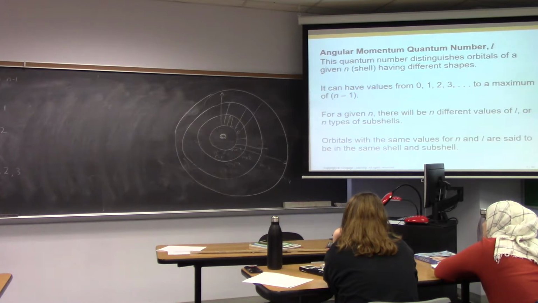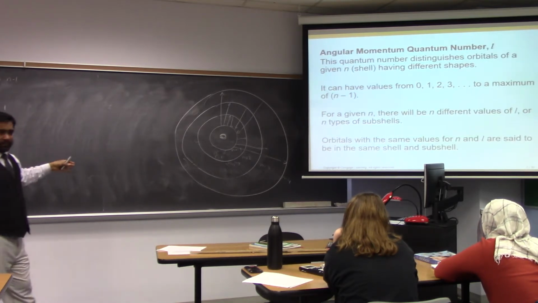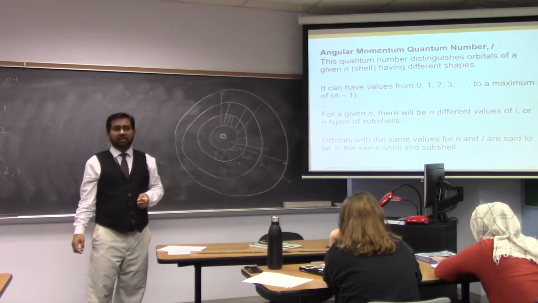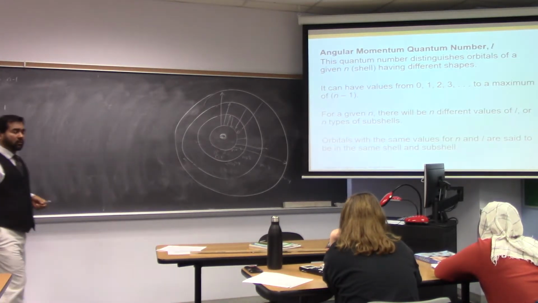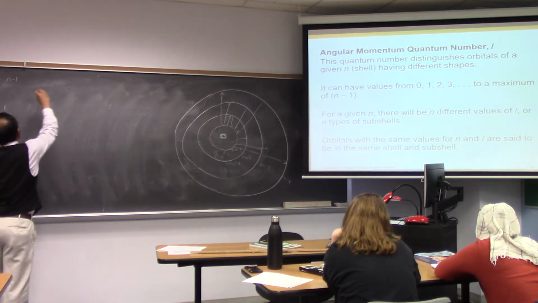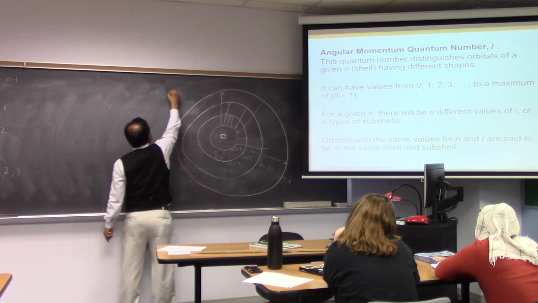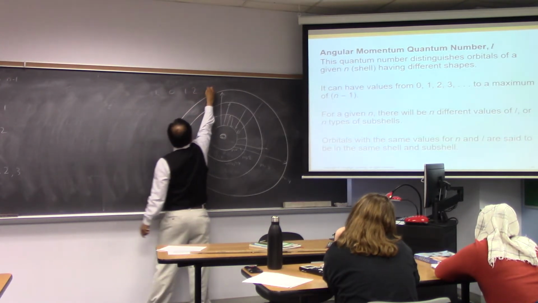So what does this l value tell us? It tells us the shape of the orbital. How? Let me write it in here. l equal to 0, 1, 2, 3.